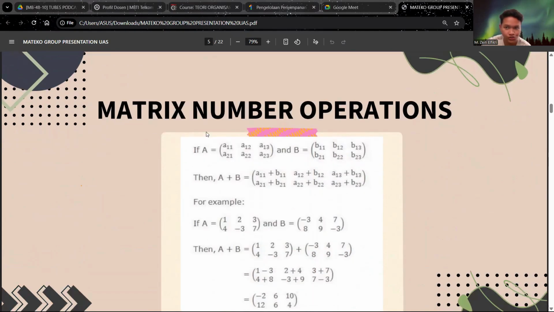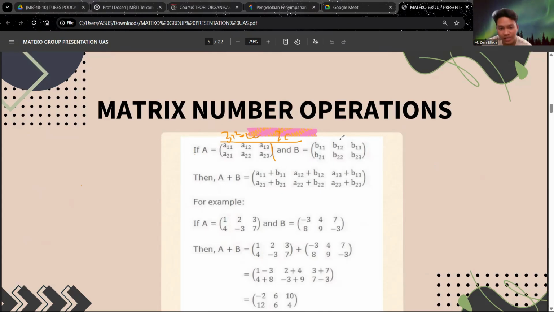So we continue to the next lesson, matrix number operations. Here, if A equals A11, A12, A13, A21, A22, A23, we have a 2 times 3 matrix: 2 for rows and 3 for columns.